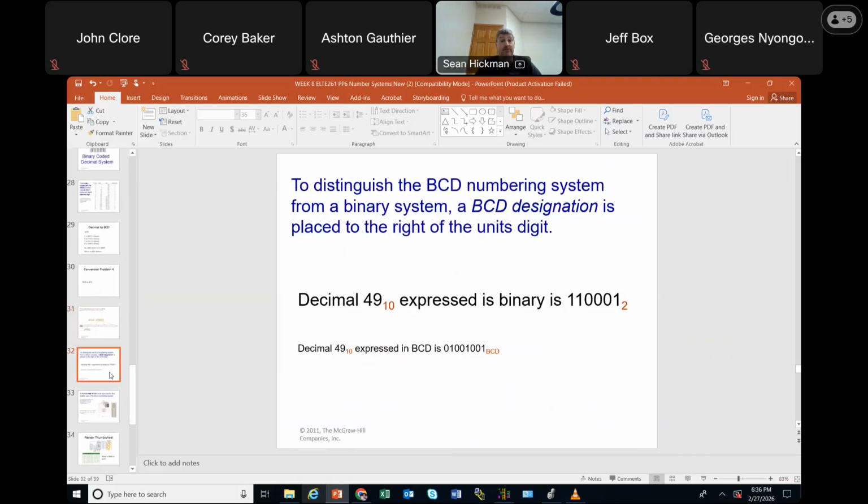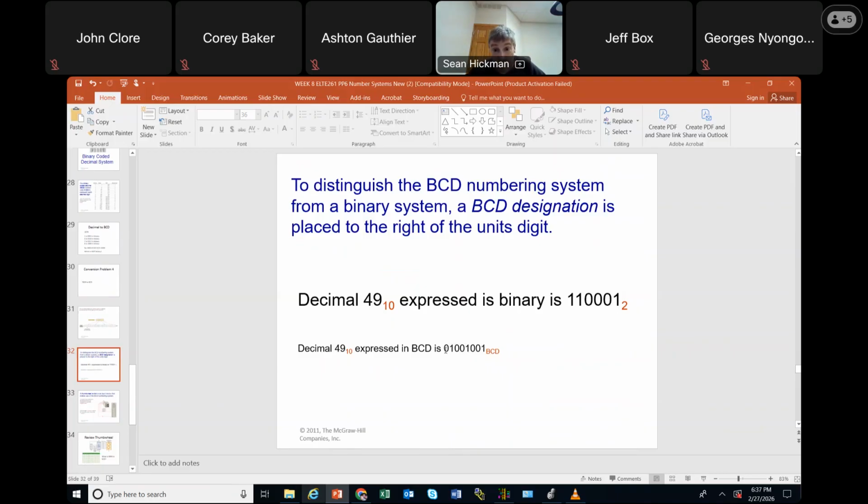Okay, to distinguish the BCD numbering system, there is a designated place to the right of the units, a BCD. So if I see this number 0100 1001, this is not 1, 2, 4, 8 going up to 64 plus 9. This is not 73 converting binary to decimal.